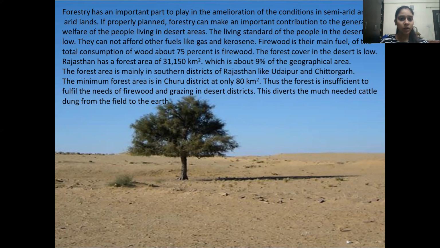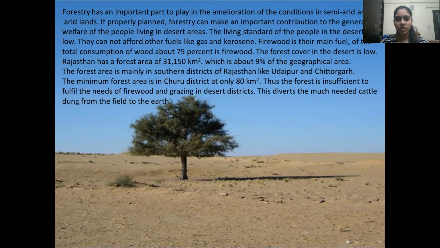Rajasthan has a forest area of 31,150 square kilometers, which is about 9% of the geographical area. The forest area is mainly in southern districts of Rajasthan like Udaipur and Chittorgarh. The minimum forest area is in Churu district at only 80 square kilometers.